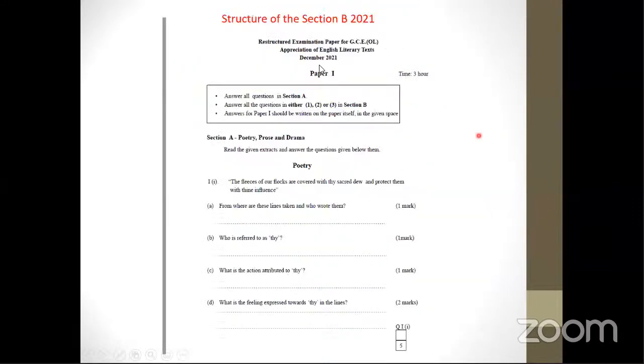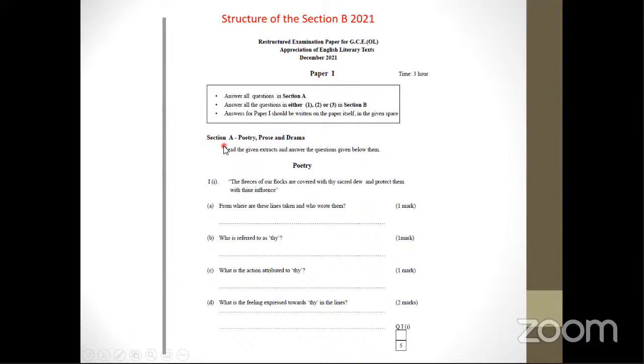Then when we come to the structure of the paper, there's a difference in the layout. In paper 1, we have to answer all questions in section A, and answer all questions in either 1, 2 or 3 in section B. That is a selection.